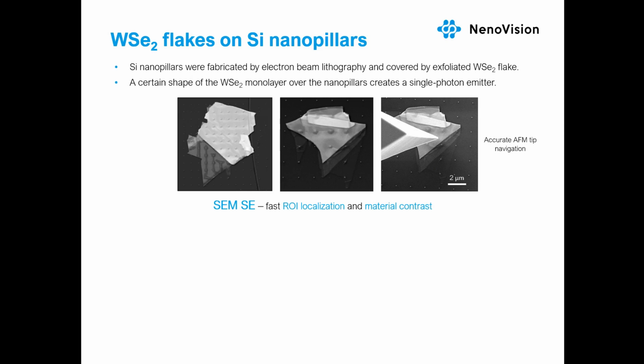A certain shape of the tungsten diselenide monolayer over the nanopillars creates a single photon emitter, as shown by this photoluminescence overlay image. Flakes that were showing the desired properties were identified by SEM and subsequently imaged by SEM and AFM at the same time using CPAM technology.